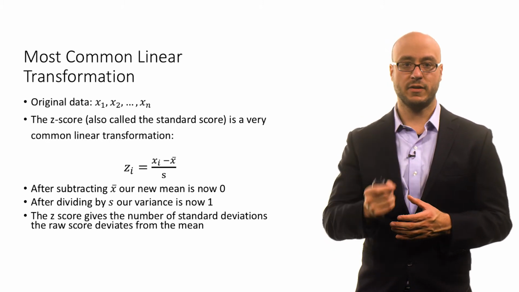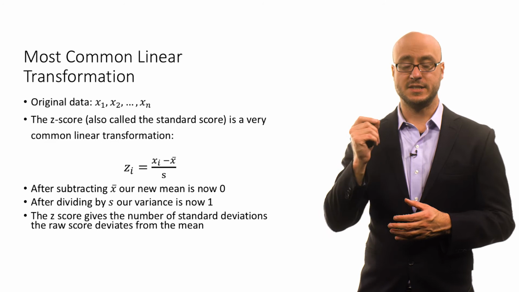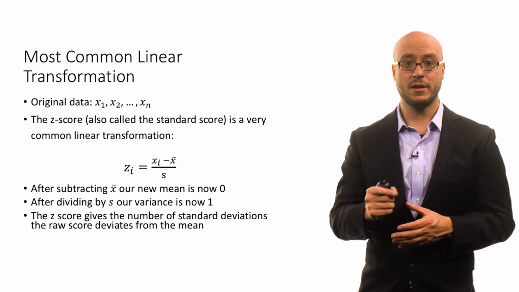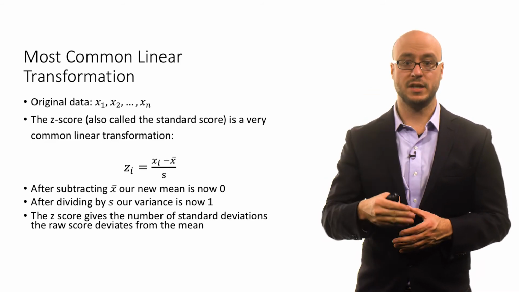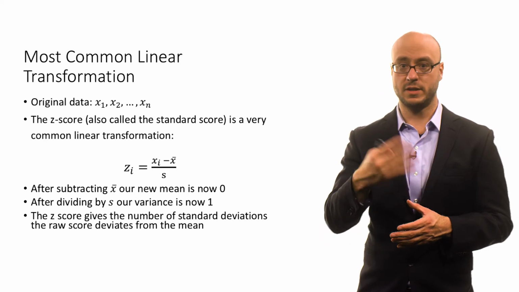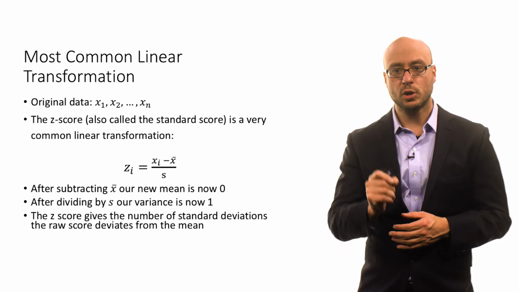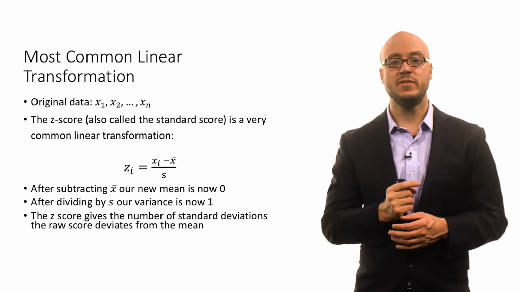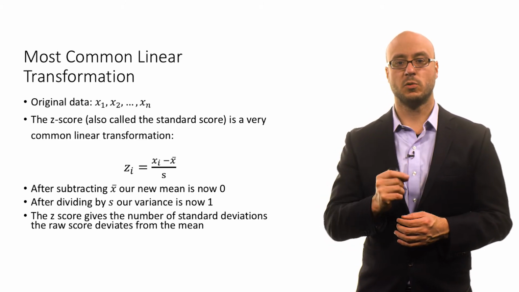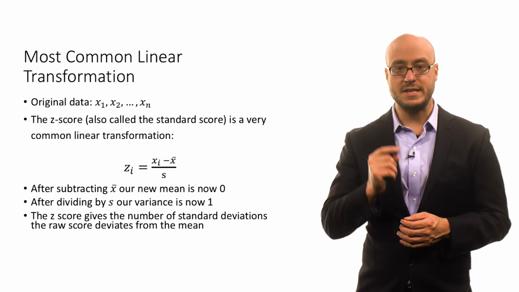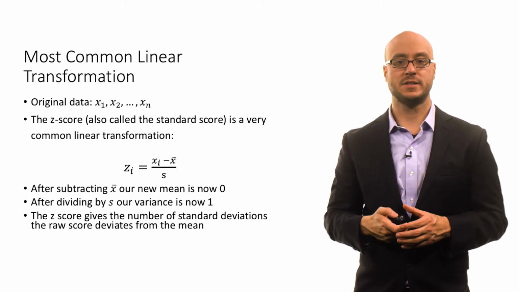And the z-score has a very clear interpretation. It's a standardized score, meaning you have a mean of 0 and a spread of 1, a variance of 1, or similarly a standard deviation of 1. And the z-score itself can be interpreted as the number of standard deviations the raw score deviates from the mean, how far away it is from the mean.